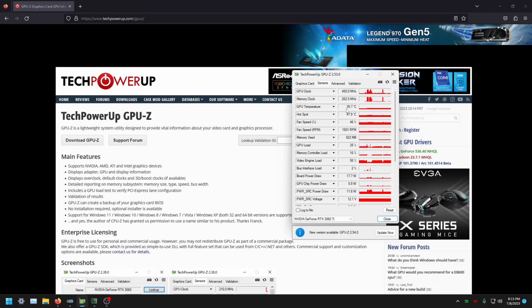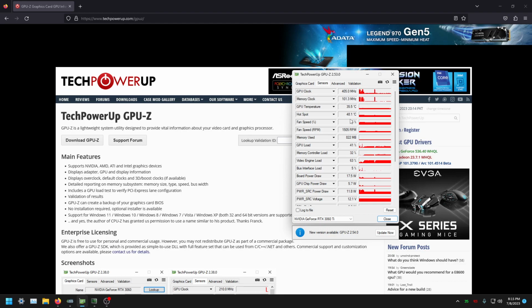If you have good cooling like mine, my GPU temperature goes to around 59, 60, maybe 61, 62, 65, and that's the top I go. Yours could be different. Maybe your temperature could be around 70, 75.